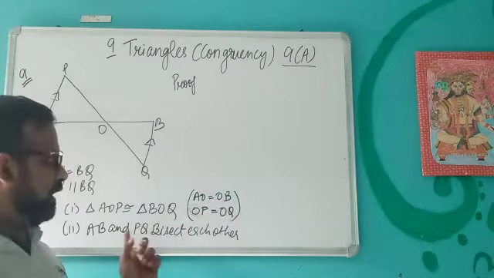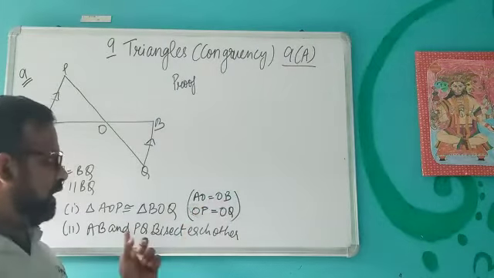First of all, we will take triangle AOP and triangle BOQ. So first we analyze this figure. See this, AO and BO we do not know. Then next will be OP and OQ, again we did not know. So let's see one more side, that is AP and BQ, and it is given as equal.